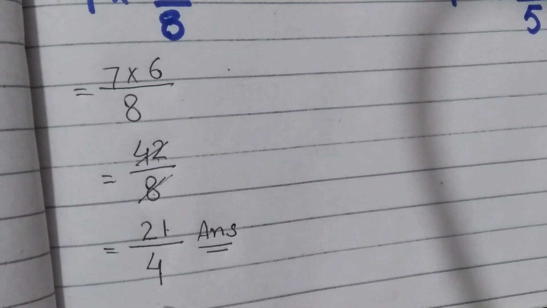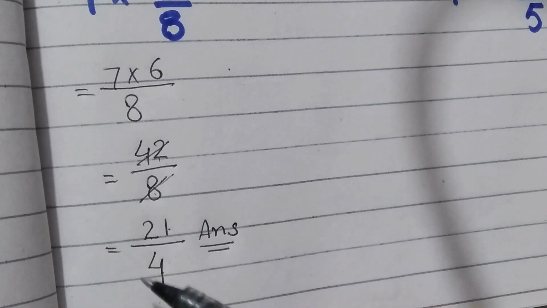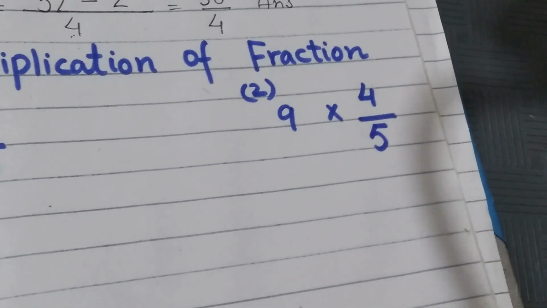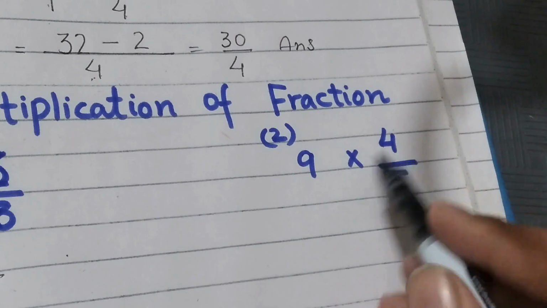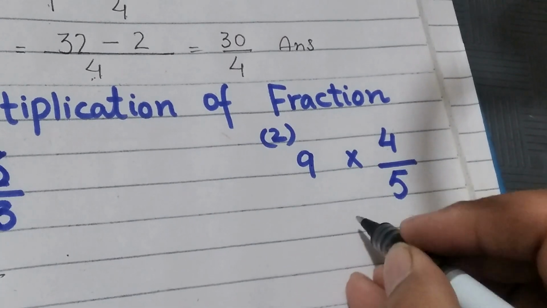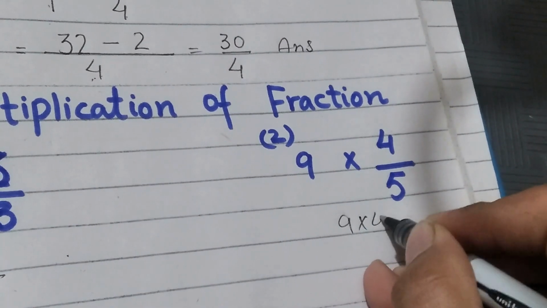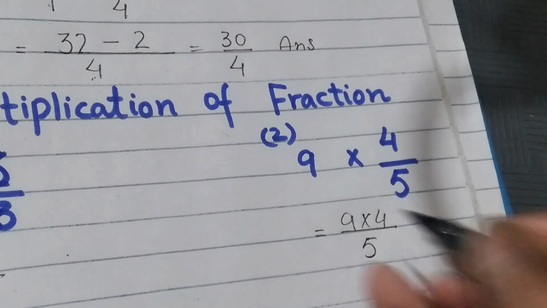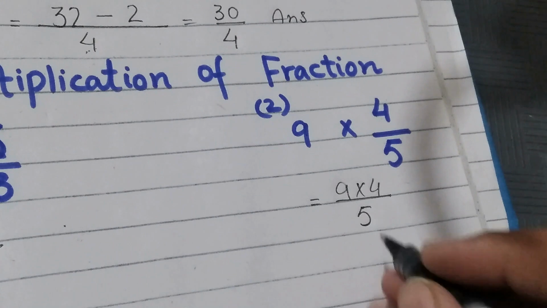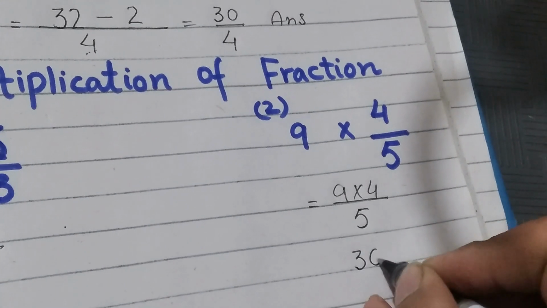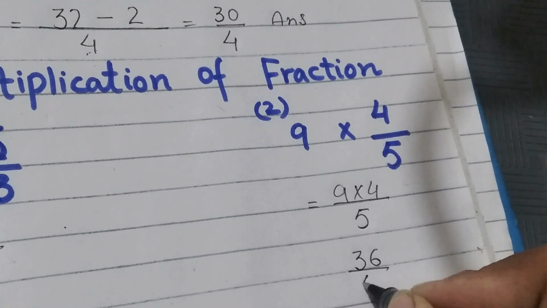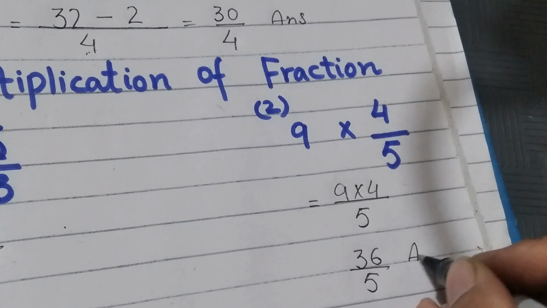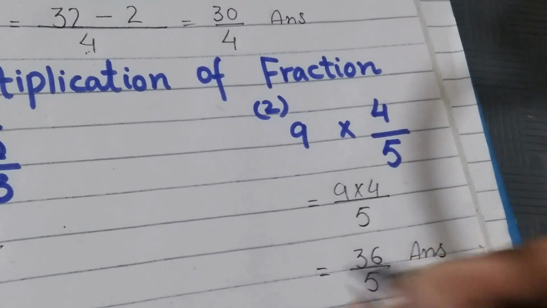So our answer is 21 by 4. Look how simple it is to solve multiplication of fractions. Here is the second question. Here we will also multiply 9 multiplied by 4 over 5. 9 multiplied by 4 is 36. 36 by 5. It's our answer.